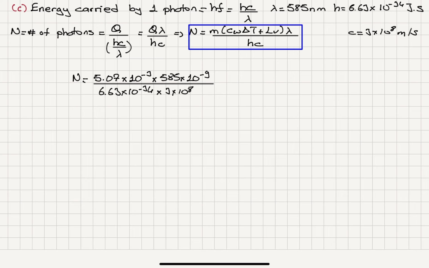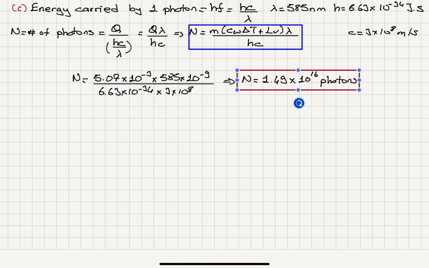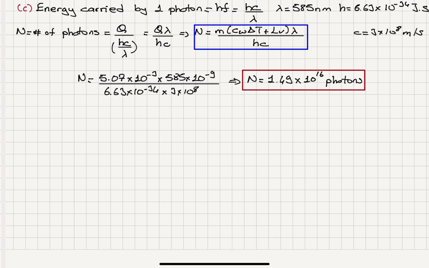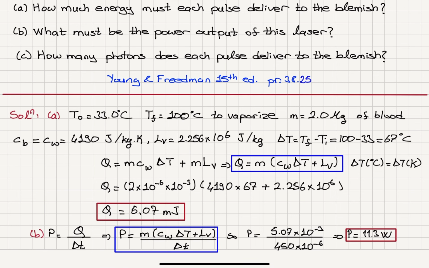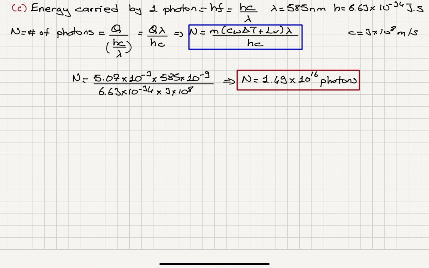This gives us, for the number of photons, 1.49 times 10 to 16 photons. Okay, so this basically is the number of photons each pulse delivers to the blemish. So that's the amount of energy we provide in the form of heat during one pulse.